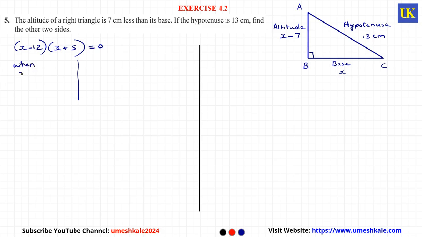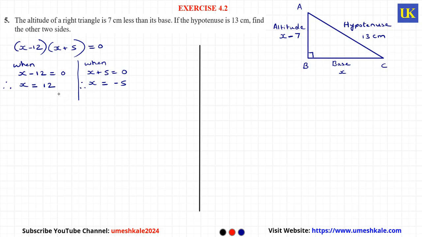When x minus 12 is equated with 0, 12 will go to the other side and become plus, so this is one value we are getting for x, which is 12. And when x plus 5 is equal to 0, 5 will go to the other side and become minus. So this is another value we get for x.